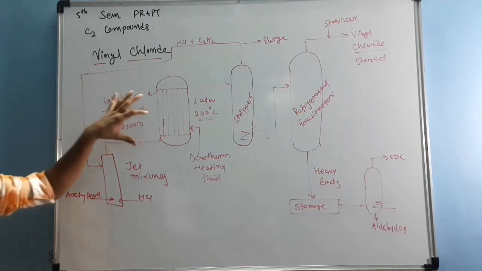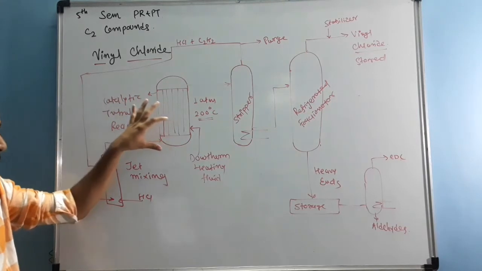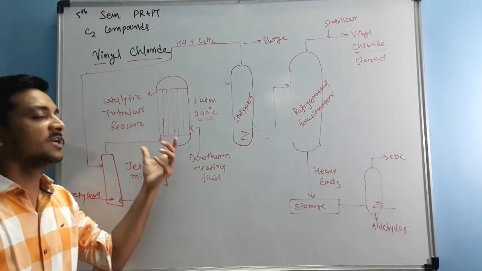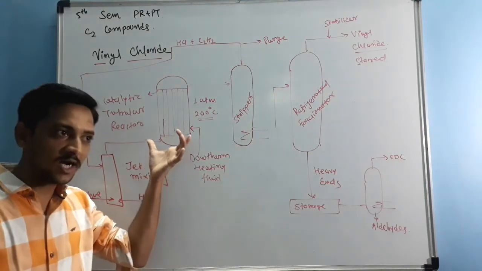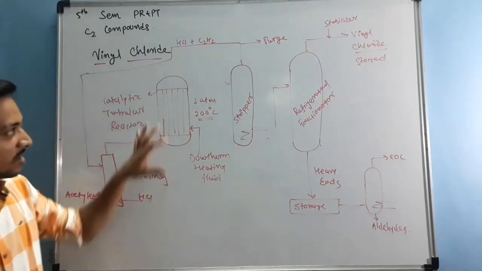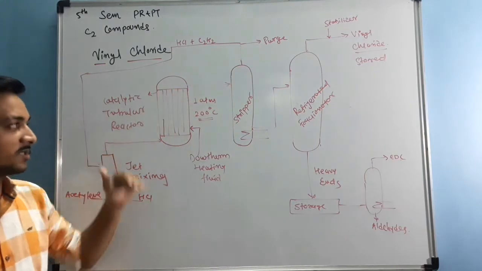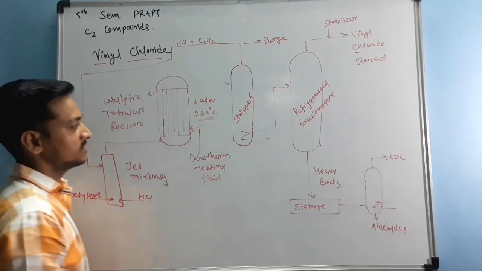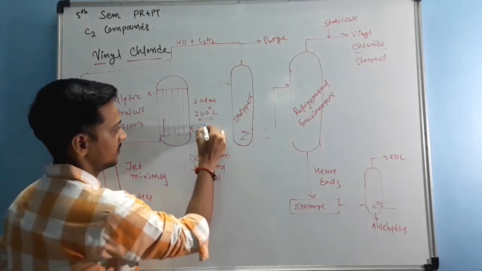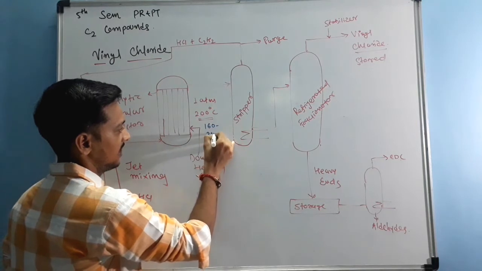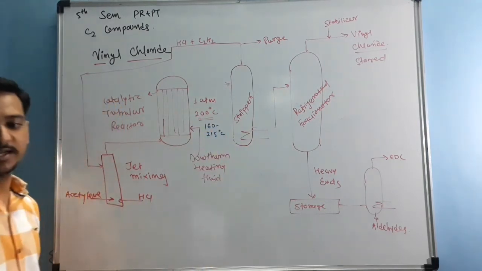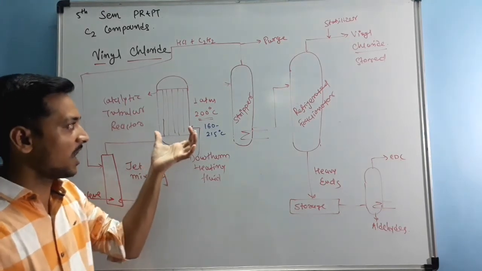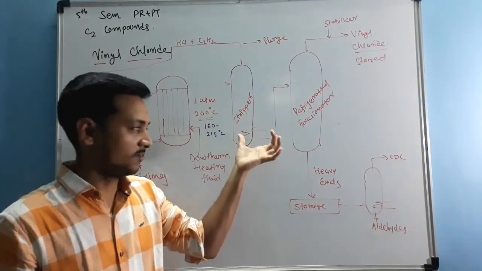So the two basic materials, acetylene and HCl, are jet mixed, vapor blended, and sent to a catalytic tubular reactor in which carbon pellets with HgCl2 are used as catalyst. The pressure is 1 atm and the temperature is maintained around 160 to 200 degrees centigrade. From this our product gases are sent to a stripper.